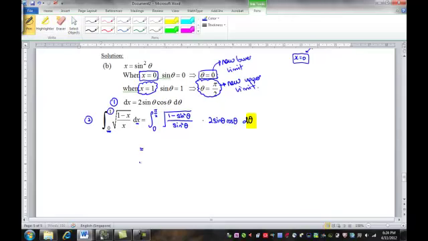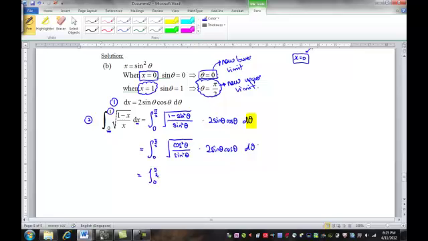What follows is just a normal integration problem. Integrating from 0 to pi over 2, square root using trigo identity. 1 minus sine square will give me cosine square theta over sine square theta, d theta.